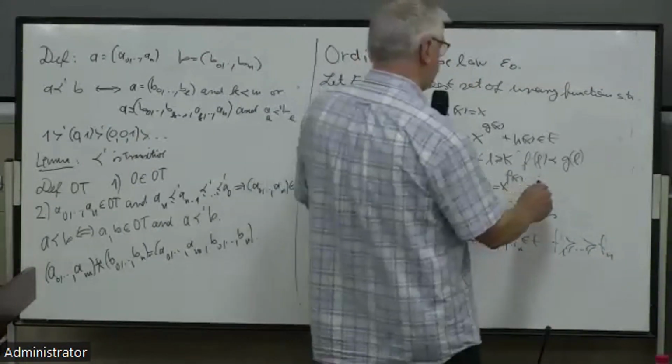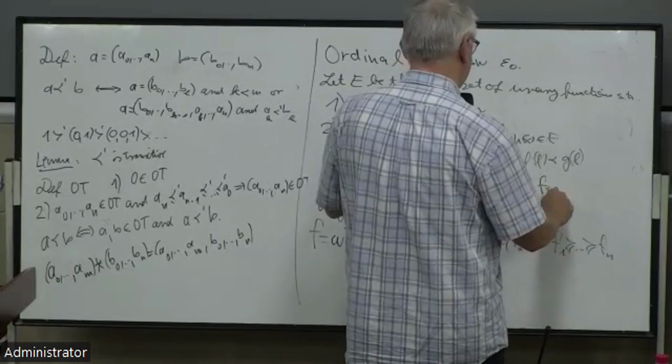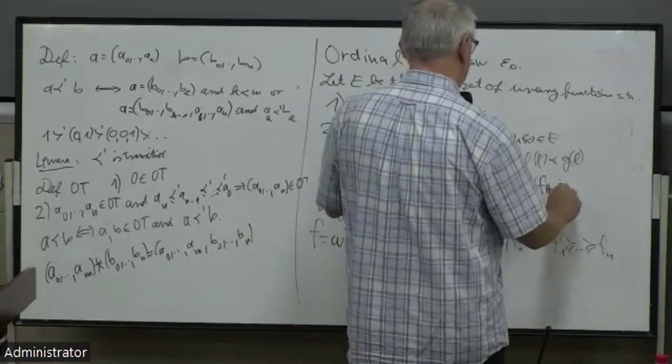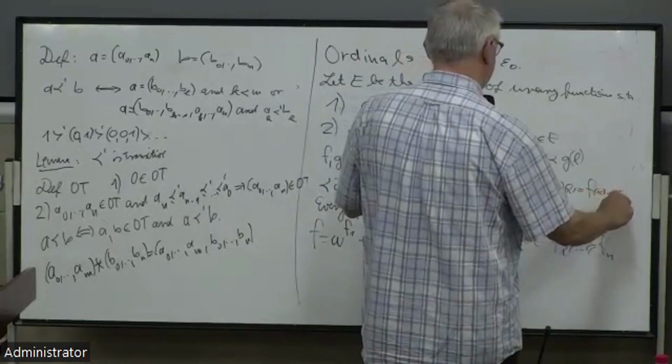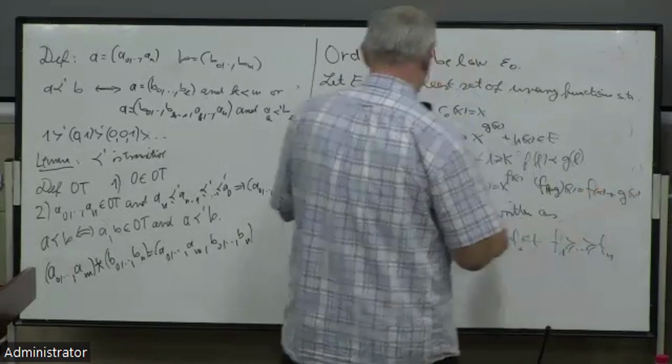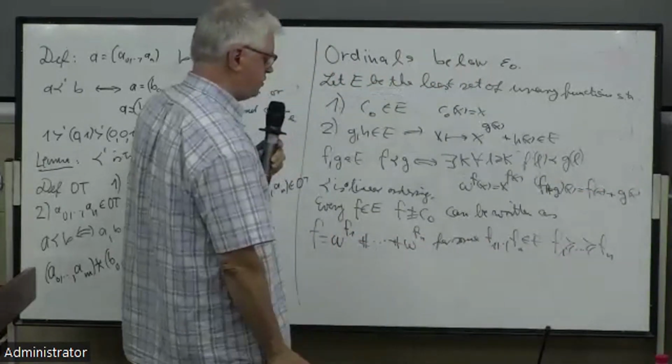And I write f plus g for the function which is defined by pointwise addition. So here I write then this notation for the sum.